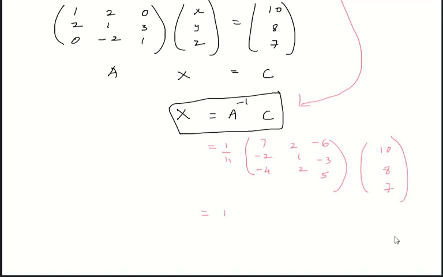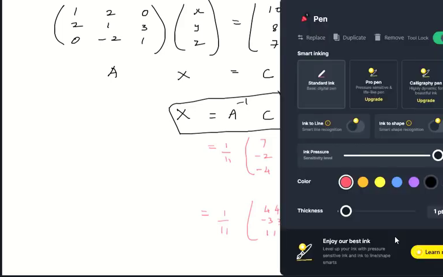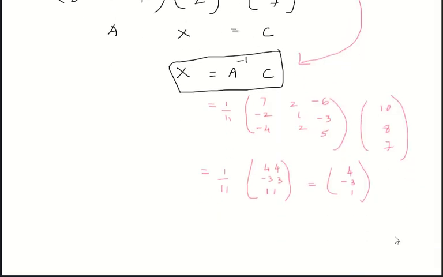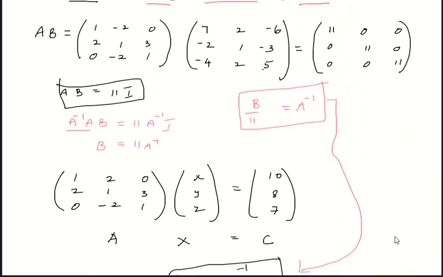If I multiply, I get 1 by 11 into 44, negative 33, and 11. Each element is divisible by 11, so I get 4, negative 3, and 1. So x is equal to 4, y is equal to negative 3, z is equal to 1, the solution for this given system. So this is a hence find.